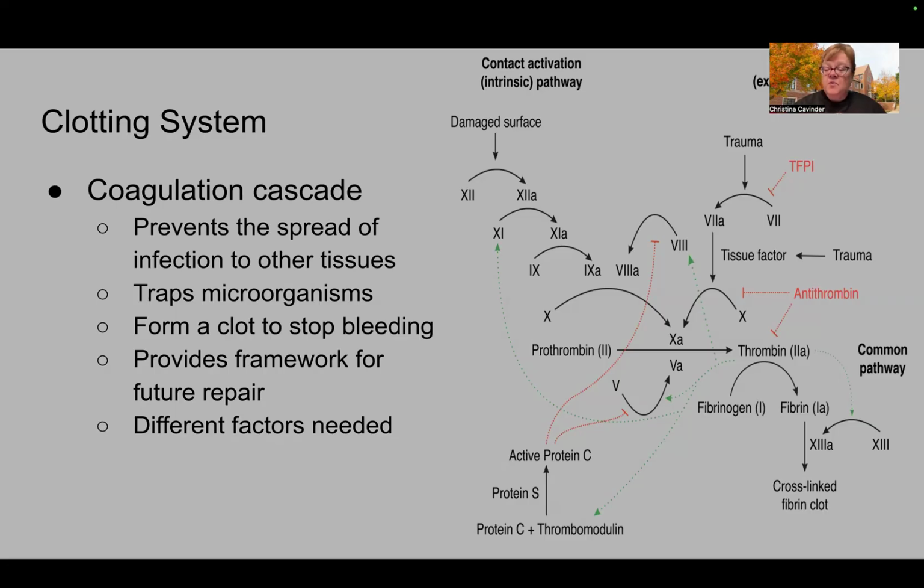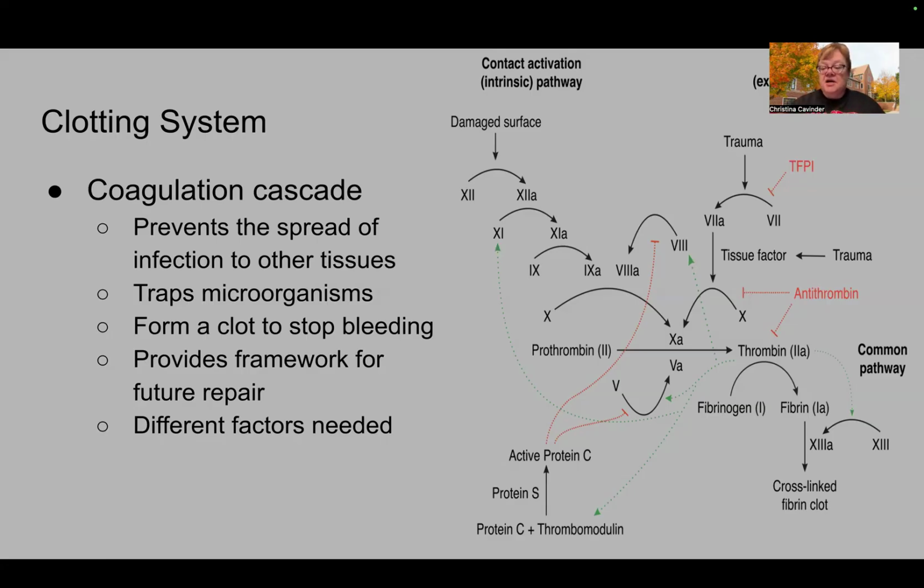So that clot forms, that framework is there so that the microorganism can't move, it's trapped. It forms that clot to stop any bleeding or leakage from the vessel. And it provides a framework with the fibrin so that it can recover the tissue.